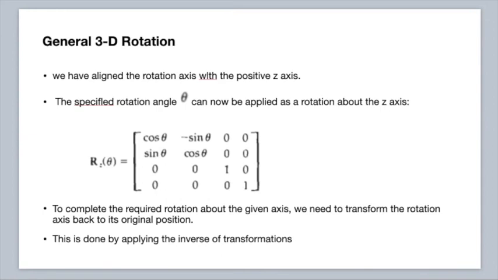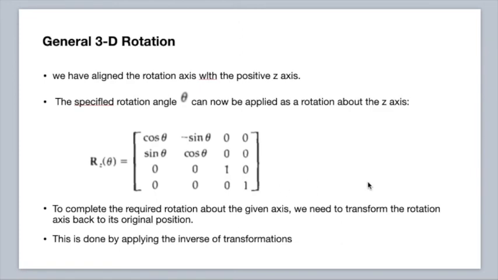Okay, so we have a specified angle theta. Using this angle theta you have to rotate the object around the z-axis. So for that you use this rotation matrix, that is cos theta minus sin theta 0 0, sin theta cos theta 0 0, 0 0 1 0, 0 0 0 1.